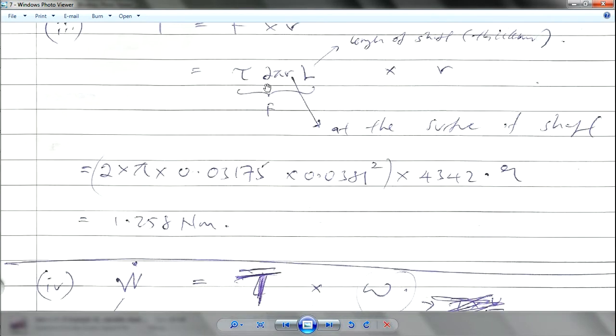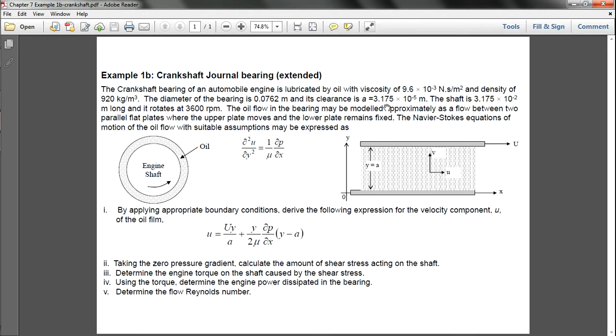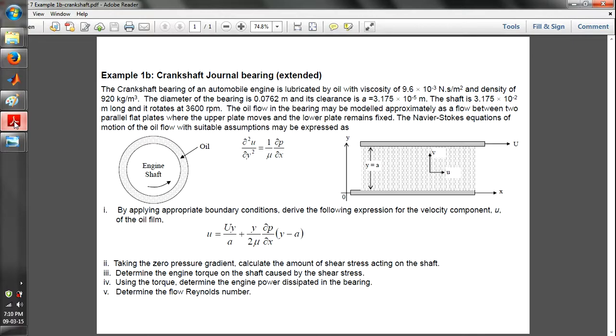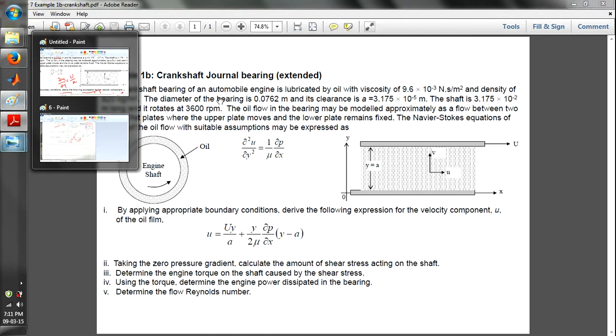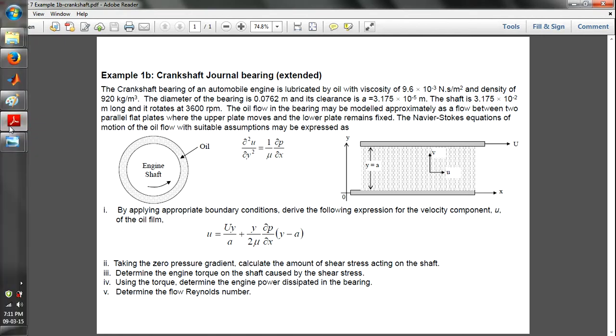And then this is 2 pi r, 0.03175. How do I get that? This is the radius r, 3.175. Sorry, it's actually this one, 0.0762. It is still the bearing. The diameter of the bearing is 0.0762.